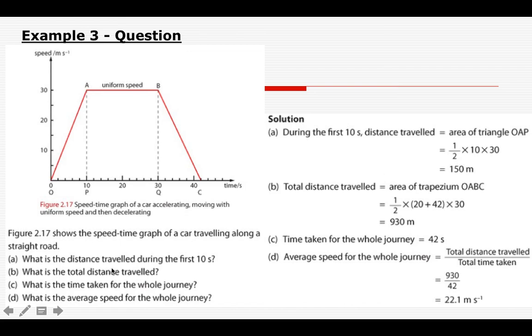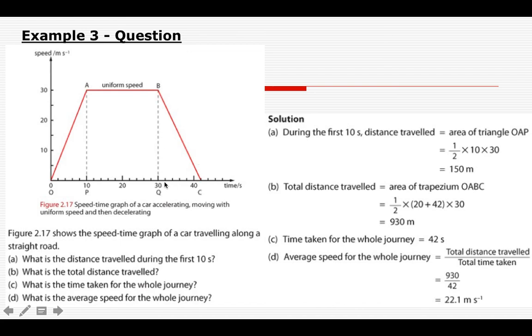Now, what is the total distance traveled? When you are asked to calculate the total distance traveled, you divide the entire figure into geometric shapes. Let us say you have a triangle OAP, then a rectangle PABQ, and then a triangle QBC.